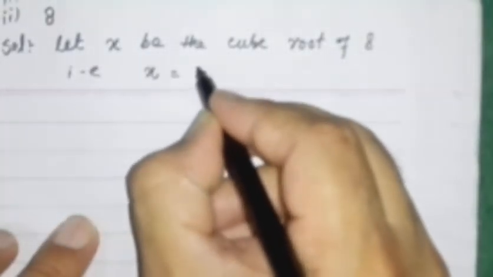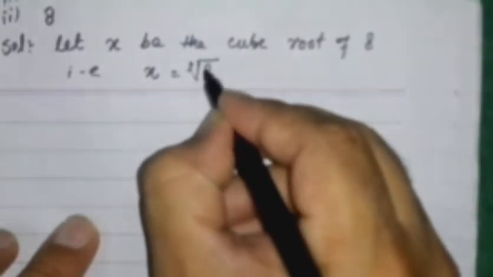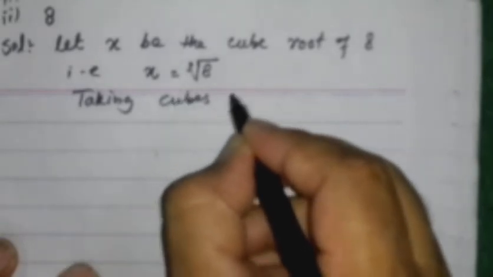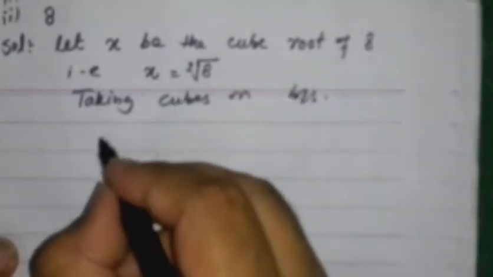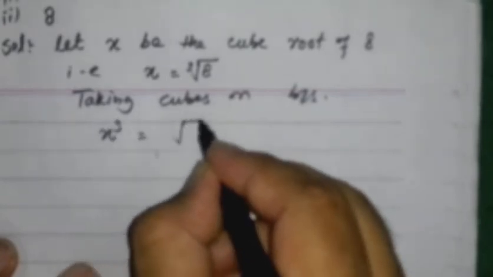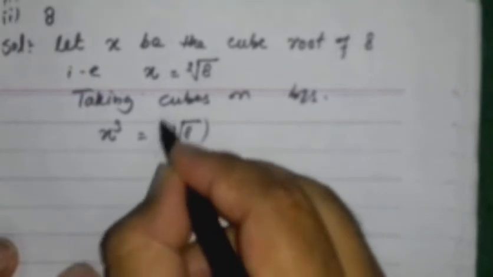Now the cube root of 8. Let x be the cube root of 8, that is x equals cube root of 8. Taking cubes on both sides, we can write it as x cube equals (cube root of 8) whole cube.